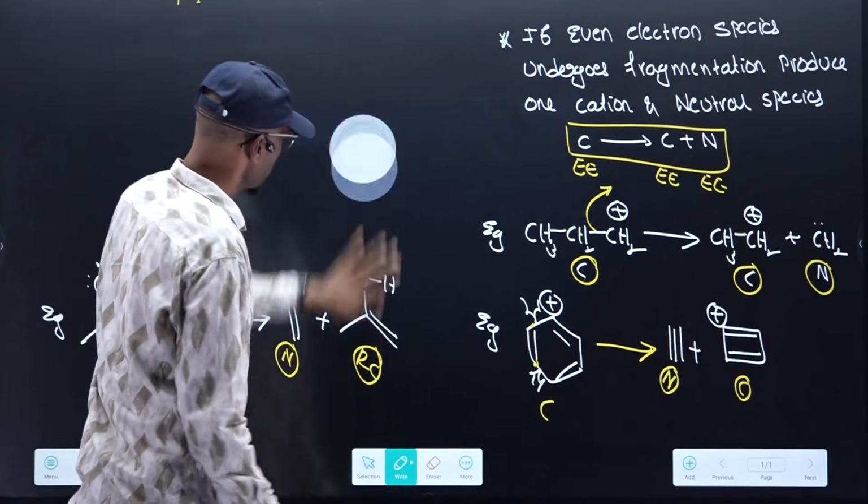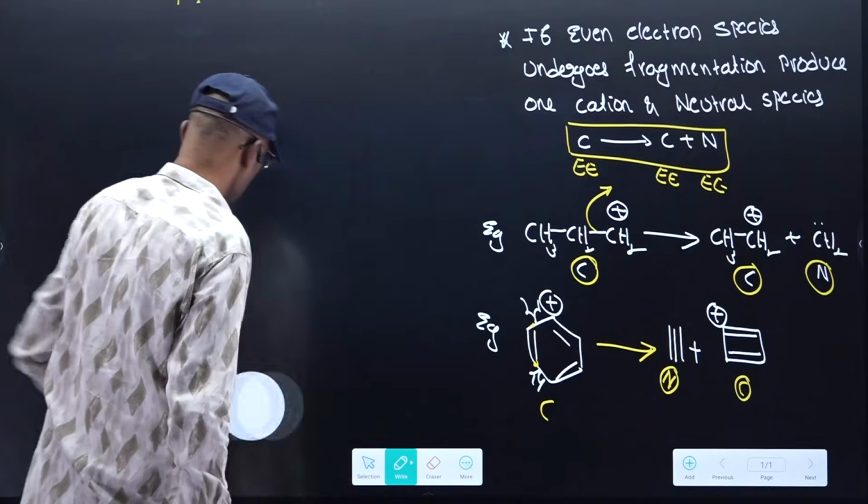If any pure cation is available anywhere, be careful that a pure cation always gives one neutral and one cation.